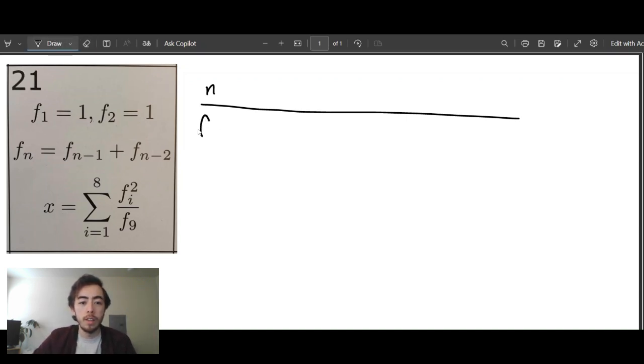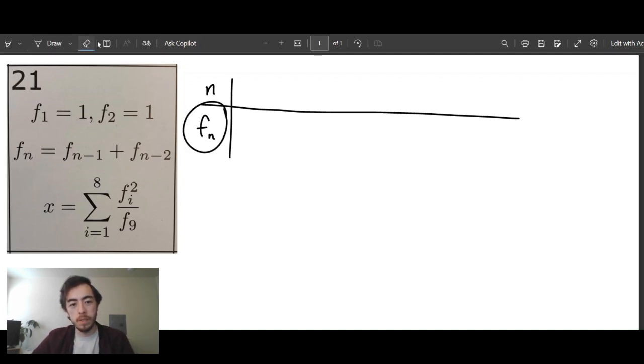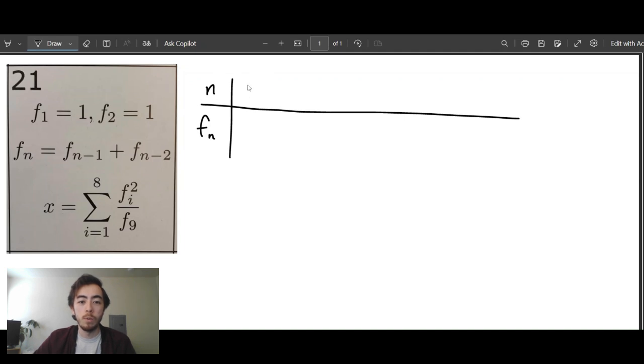And then this other value, f with the subscript of the number, is tracking the value. So when n is 1, f sub 1 is also 1. And then my second term in my sequence lines up when n is 2, and f sub 2 is also 1.